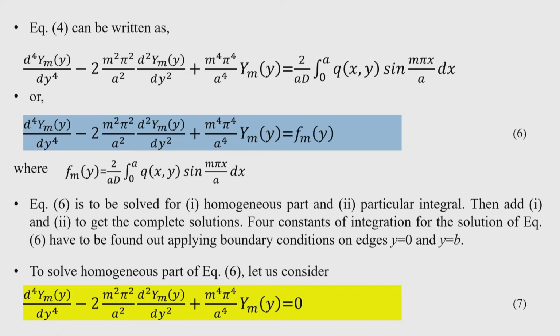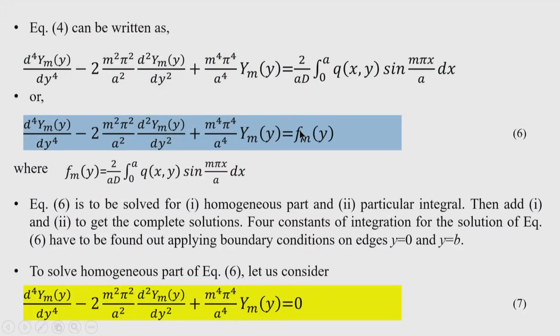One is the homogeneous solution and the second is the particular integral or particular solution. The homogeneous solution is obtained when there is no load function, that is, the right hand side is 0, and the particular integral has to be obtained when the right hand side represents the forcing function, whatever force it may be. So, equation 6 has to be solved, first the homogeneous part and the particular integral, then we will superimpose one over the other, because it is a linear differential equation. So, the complete solution will be obtained.